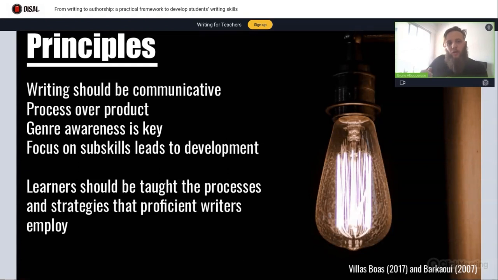We're focusing here on the process of writing, and how we analyze a genre, how we generate ideas, how we draft, how we edit, how we peer assess and give peer feedback, how we revise, how we publish. This is the main focus. But the product, the final recipe, is also important, because this is what we're publishing, right? So the product is also valid, is also important.